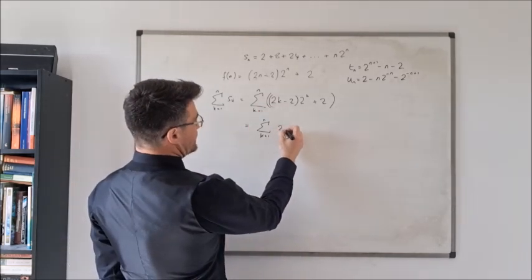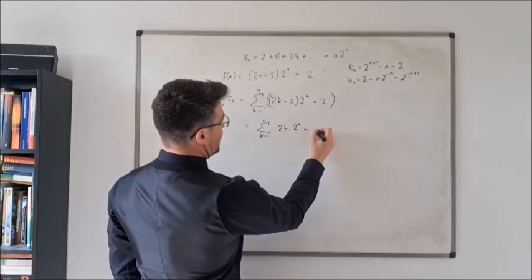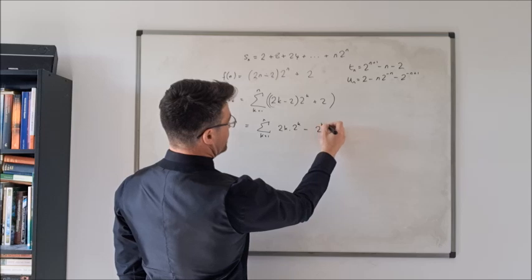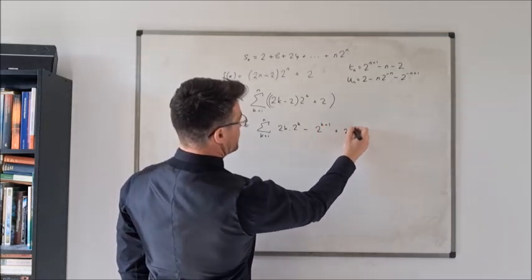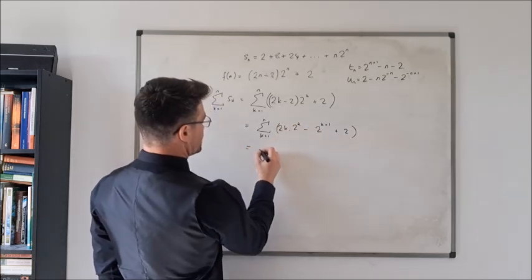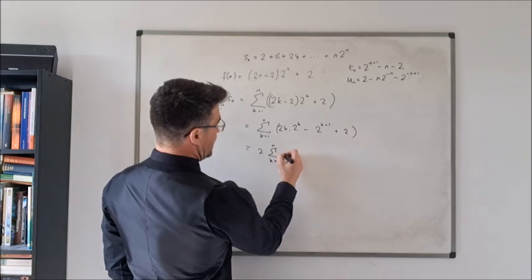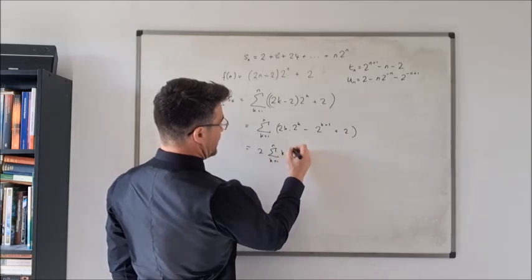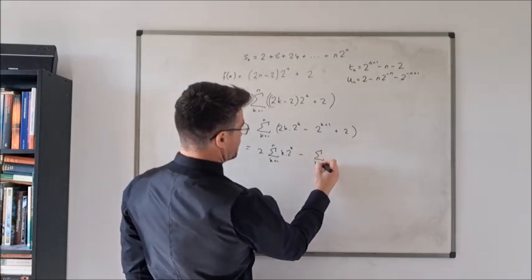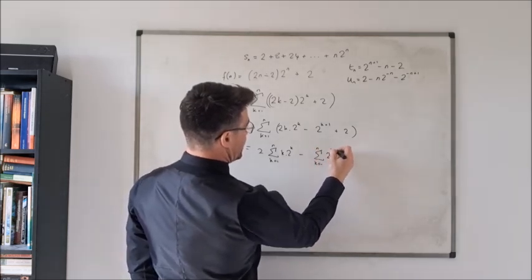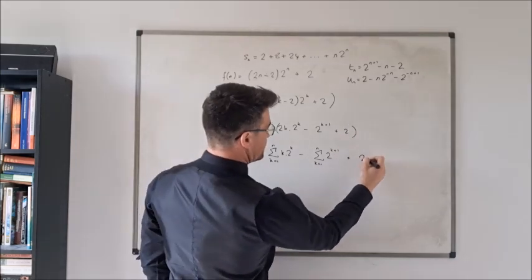Then we get 2k times 2 to the power of k minus 2 to the power of k plus 1 plus 2, which is equal to twice the sum from k equals 1 to n of k times 2 to the power of k, minus the sum from k equals 1 to n of 2 to the power of k plus 1, plus, and this is just going to be 2 times n.